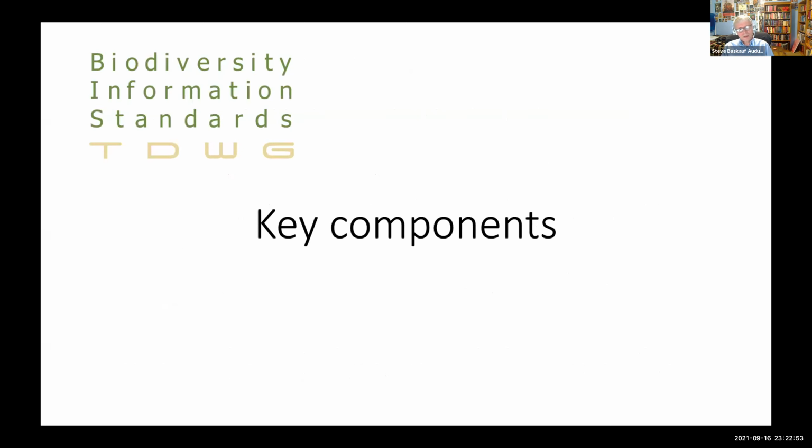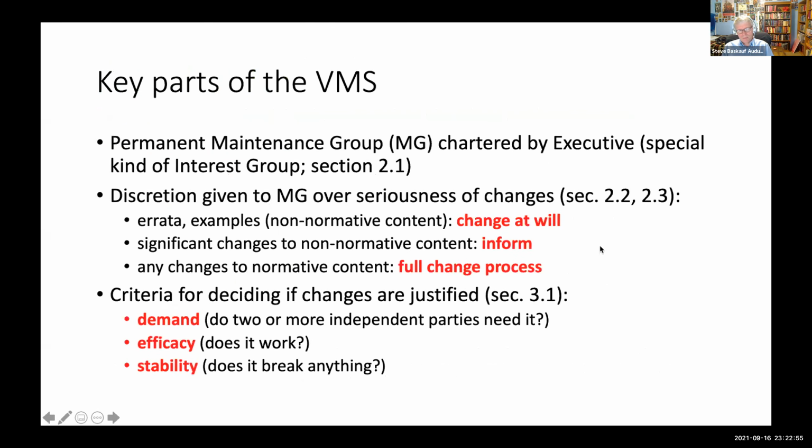So I'm going to talk about the main bits of the vocabulary maintenance specification. The document's not actually that long. It's only a few pages long, but it's a bit of a slog to read through. So I'll just hit the high points here.